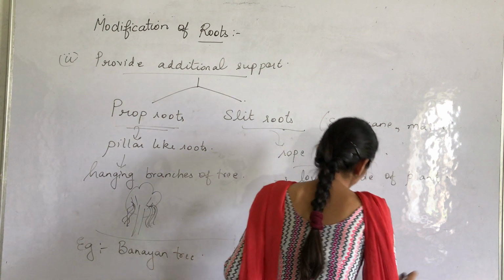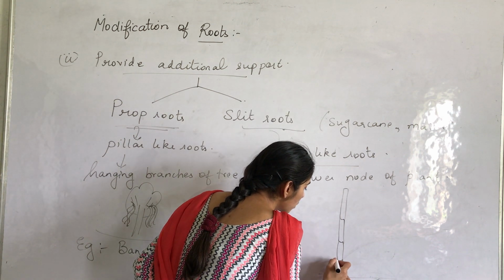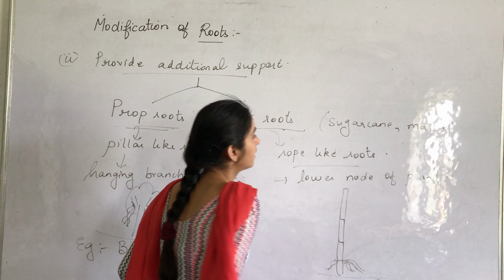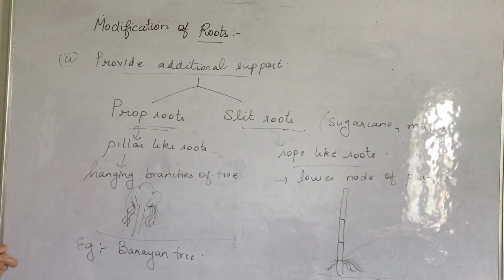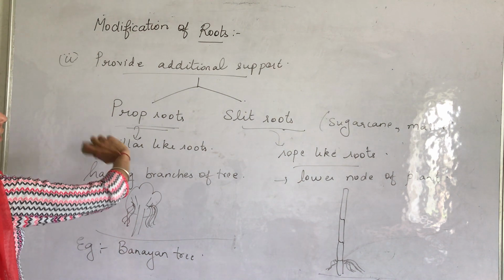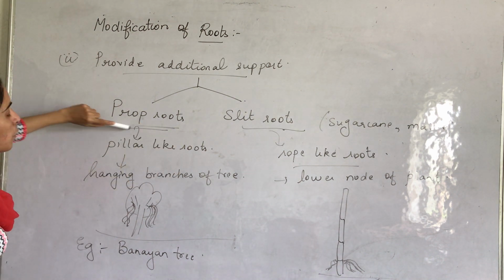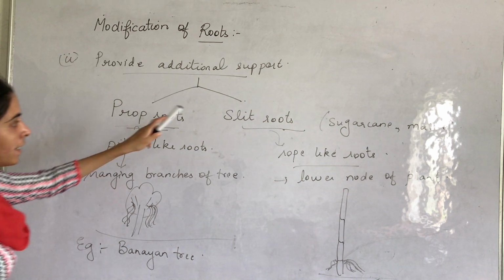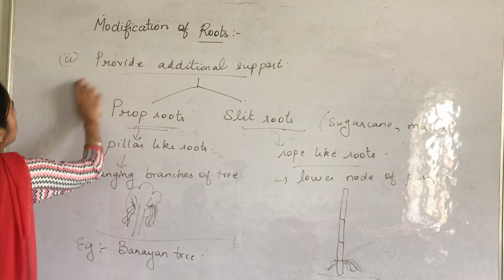From the lowermost nodes of the sugarcane, certain roots arise, and these roots are known as stilt roots. The function of the prop root is to provide additional support. The support provided by the prop root is more than the support provided by the stilt root.